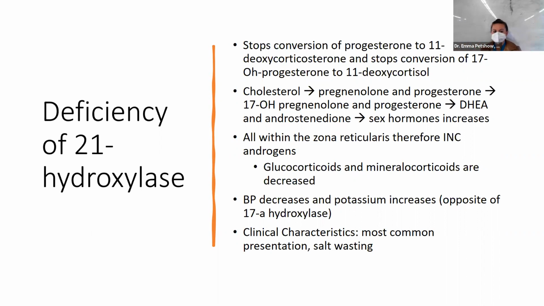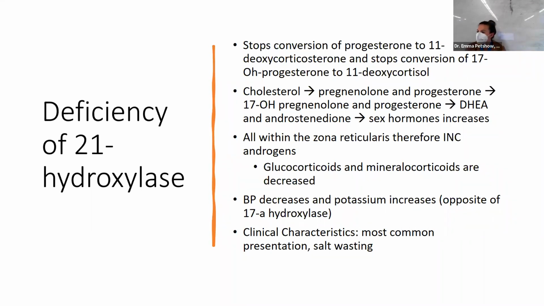So in this deficiency, 21-hydroxylase, we've blocked the pathway to go to aldosterone, we've blocked the pathway to go to cortisol, but we allow our sex hormones to go forward. So that's the major difference between deficiency in 21-hydroxylase versus deficiency in 17-alpha hydroxylase. Remember, with 17-alpha hydroxylase, we only have the aldosterone pathway available to us.